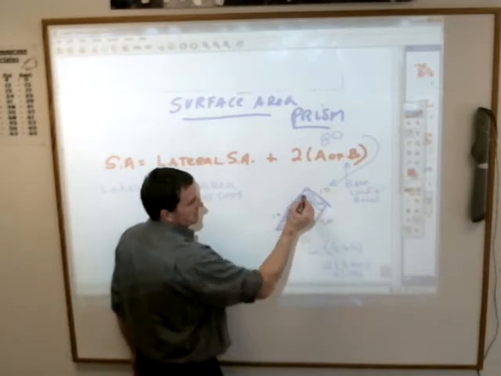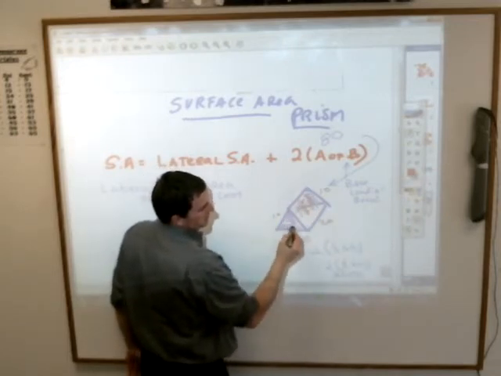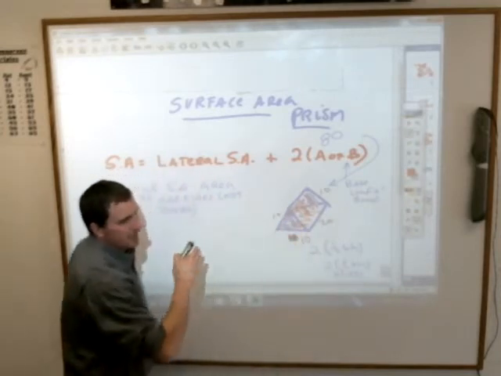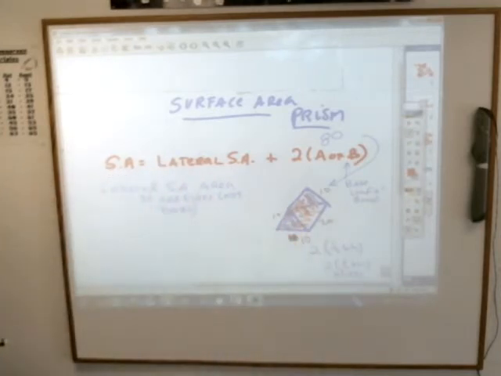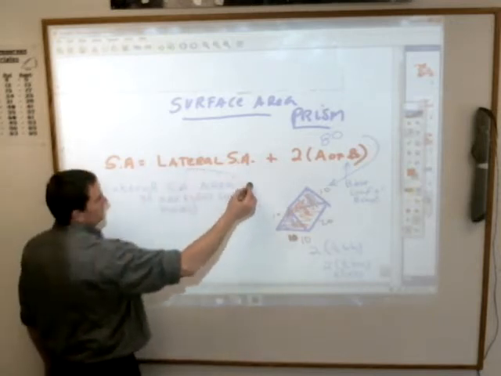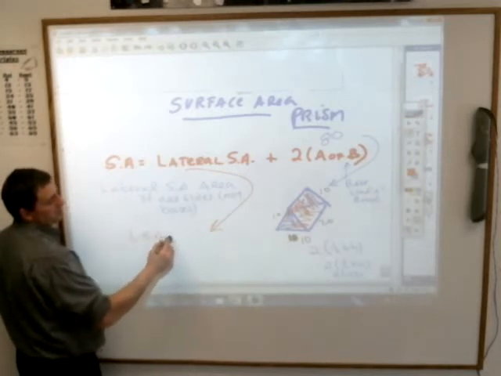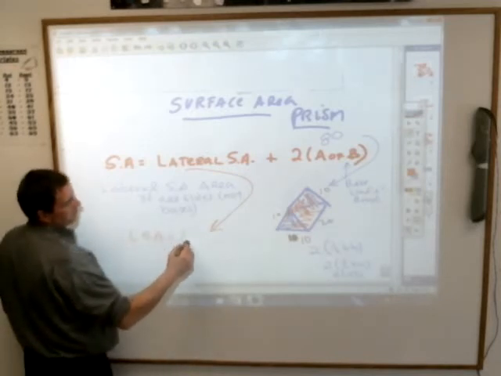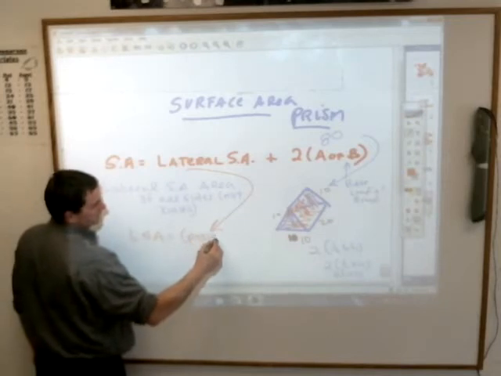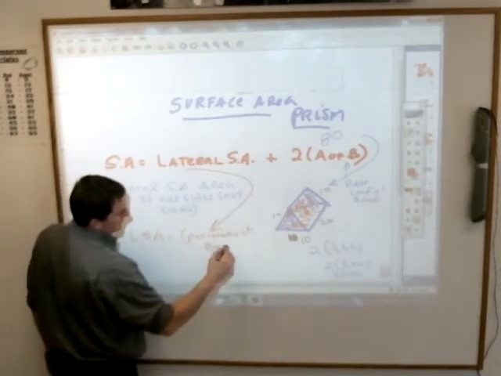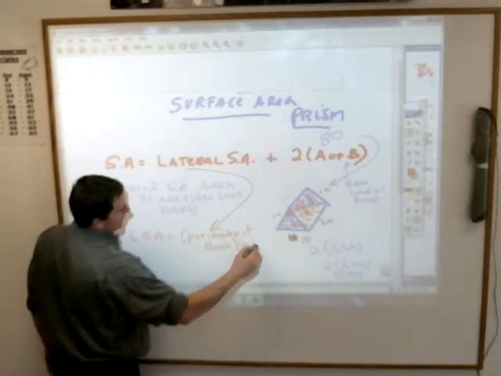And this thing has this side, it has its bottom side, and it has this left side here. Those are all the sides that surround the bases. Those are the sides we're talking about. And the lateral surface area itself has its own formula. Lateral surface area equals the perimeter of the base times the height.